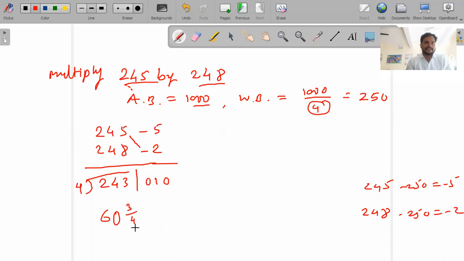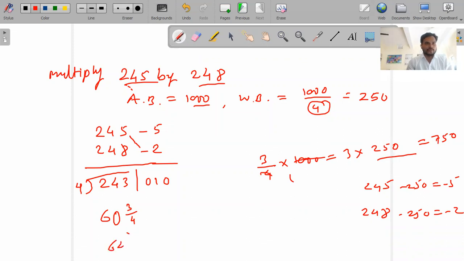That's why you have to multiply this 3 by 4 by 1000. What will you get? 1000 divided by 4 is 250, and 250 into 3 is 750.